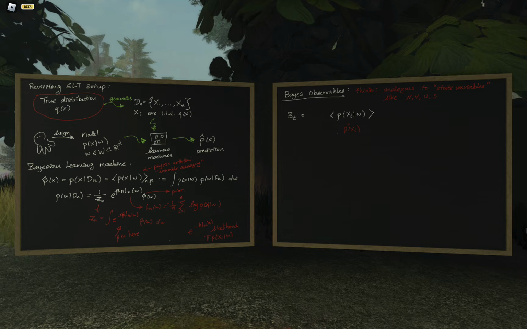If that particular w is really good, then that number will be very high. Take the log, take the negative, which means that instead of really high, we want it to be really low, and then average that over our dataset. So that's our Bayes training loss, the average log loss for our p hat.